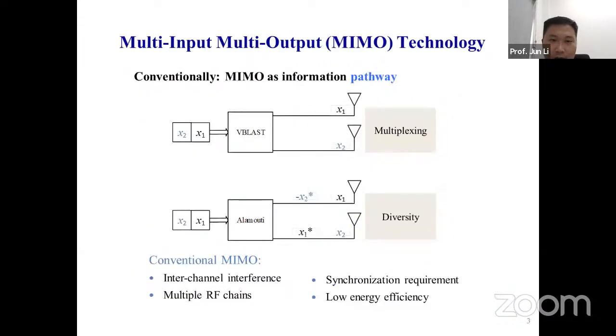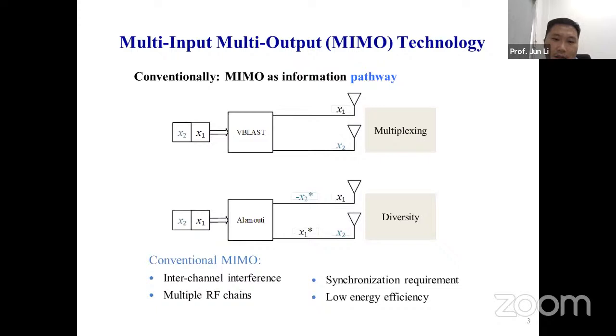And the second technology is MIMO technology. As we can see in this figure, in the conventional V-BLAST scheme, two symbols are simultaneously transmitted to the receiver. And in the Alamouti space-time code, two symbols are transmitted to the receiver during multiple time slots.